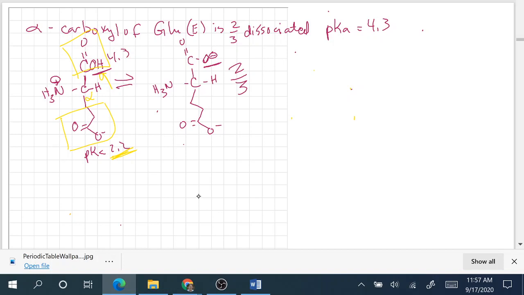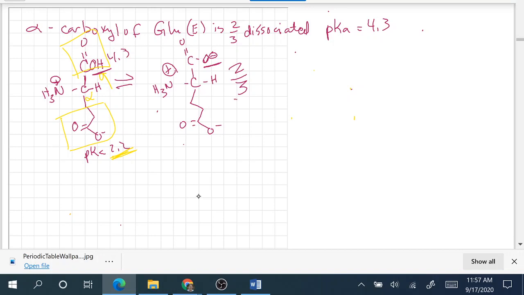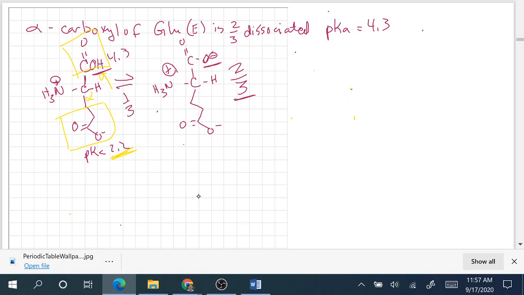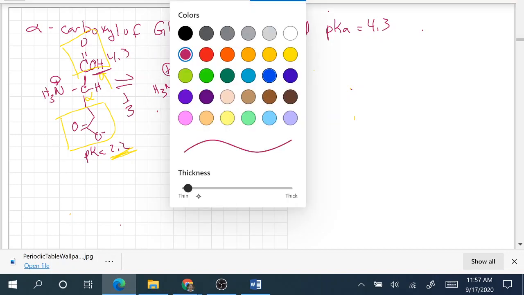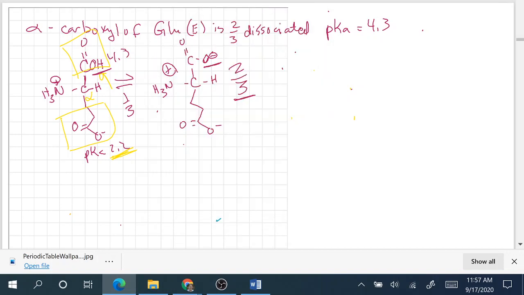So the alpha carboxyl being 2/3 dissociated will make up 2/3 of the species in solution, and on the left our associated species will be 1/3. So what does that mean? That means the species on the right is going to be our A minus, and the species on the left is going to be our HA.